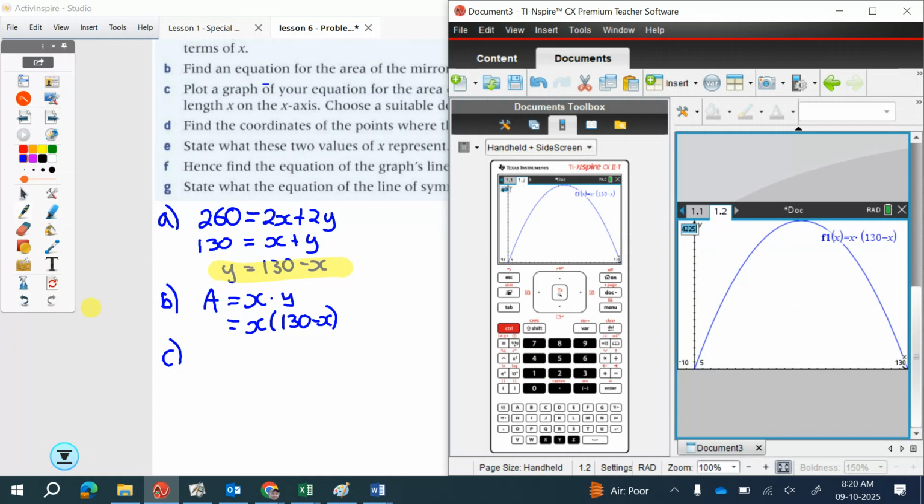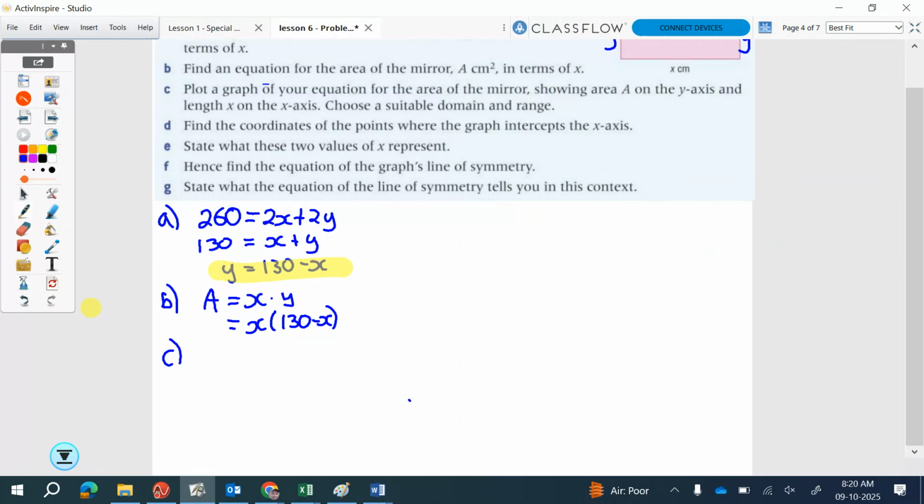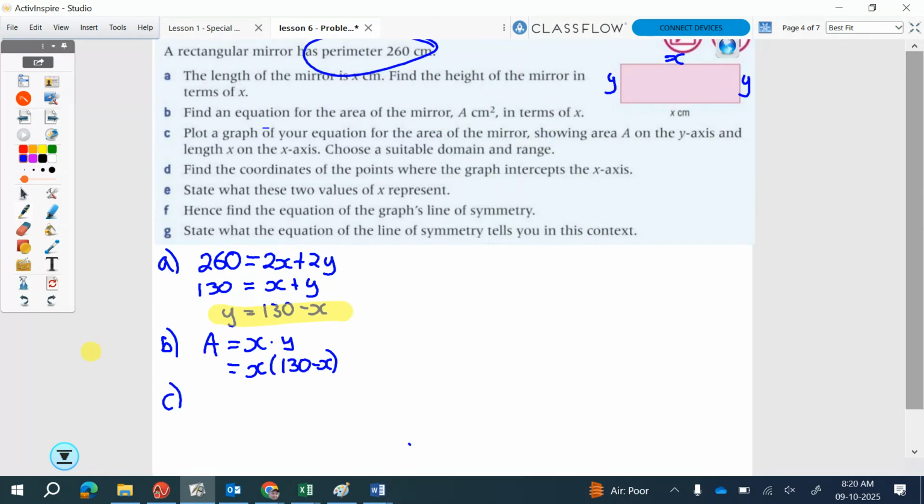The next thing to do was this direction. What I had an idea for is understanding that the shape we have is a rectangle. A rectangle is at its biggest when it's a square. So each of the lengths are going to be the same size.